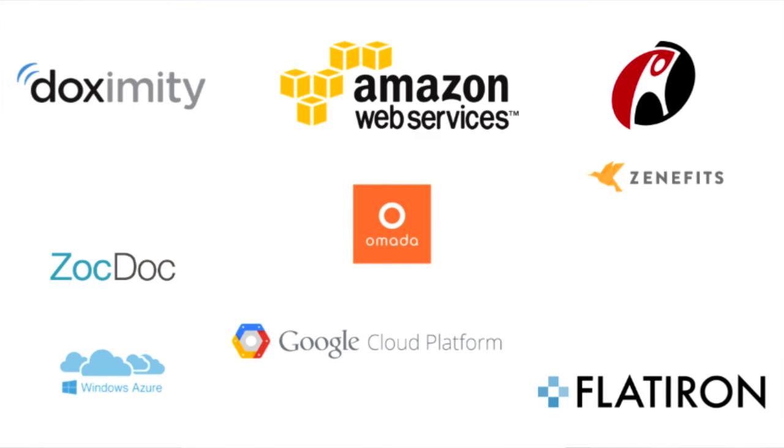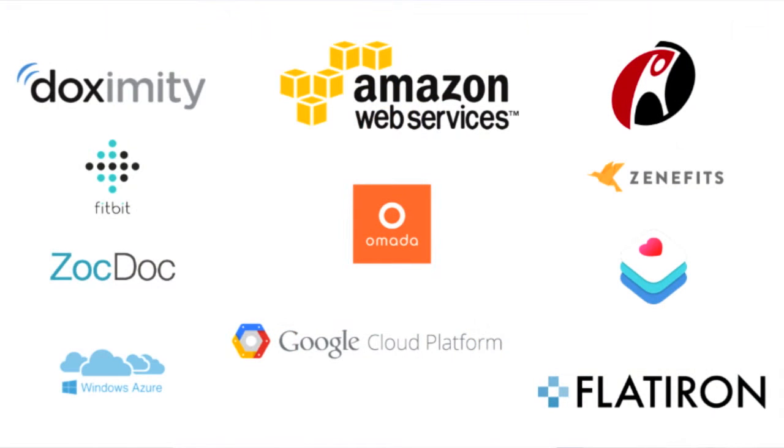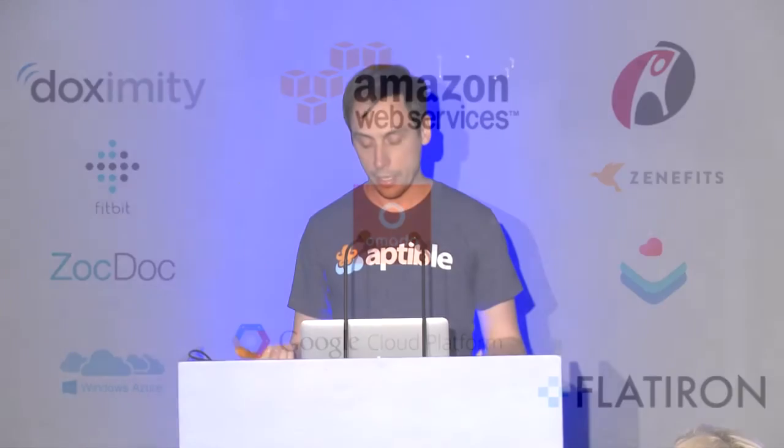But they also include all of the infrastructure providers that these companies use: Google Cloud Platform, AWS, Azure, Rackspace. And lastly, with the rise of health and wellness apps and frameworks like HealthKit, any app that shares your data with a doctor or insurance company is also a business associate.